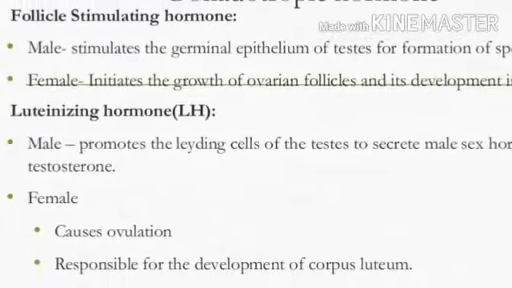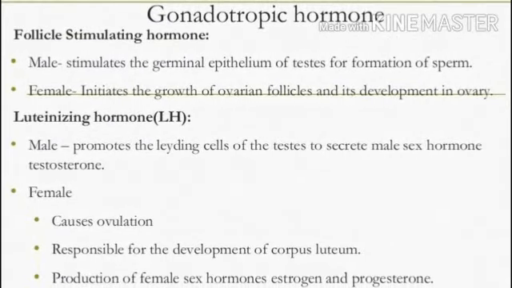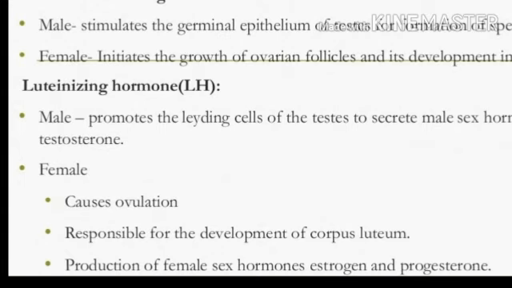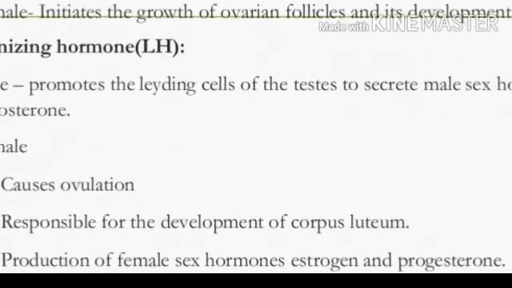The next is the luteinizing hormone, LH. In male, it promotes the Leydig cells of the testes to secrete the male sex hormone testosterone. So, in male, it is helping in the production of testosterone.